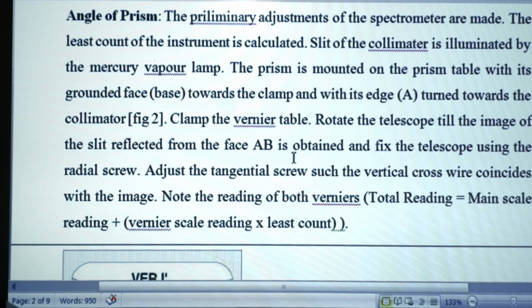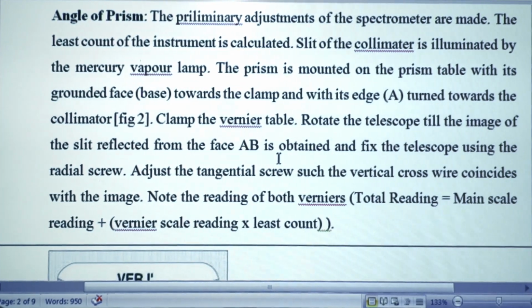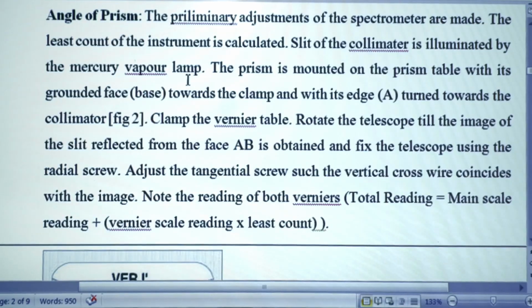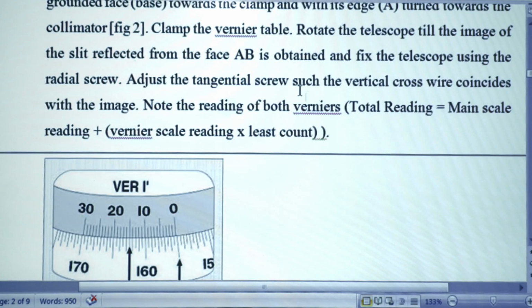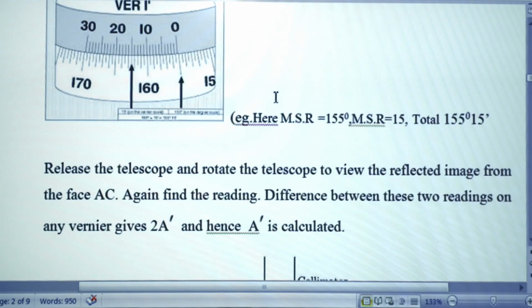Now coming to the procedure part, the initial adjustments of the spectrometer are made, then the collimator is illuminated by a mercury vapor lamp, then the prism is placed such that the edge of the prism is focused towards the collimator, then rotate the telescope to view the image on the face AB and similarly on the face AC.